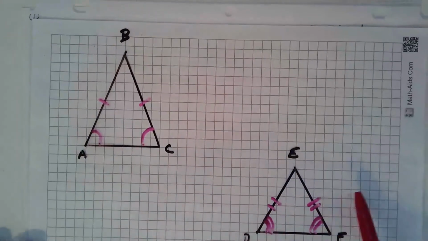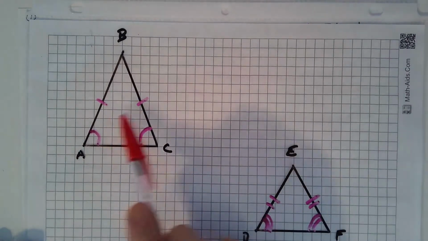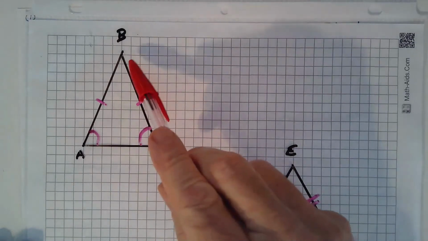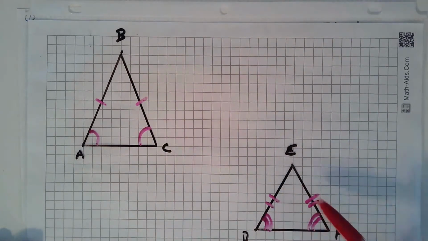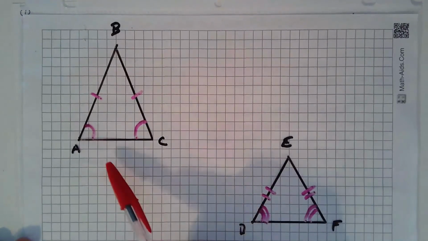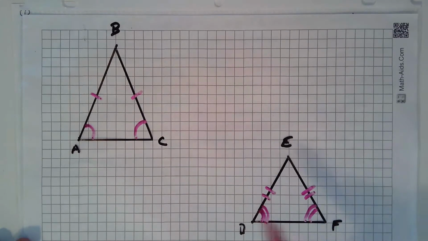These are two triangles that have two congruent sides. So triangle ABC, AB is congruent to BC. Triangle DEF, DE is congruent to EF. And so these are both considered isosceles triangles.